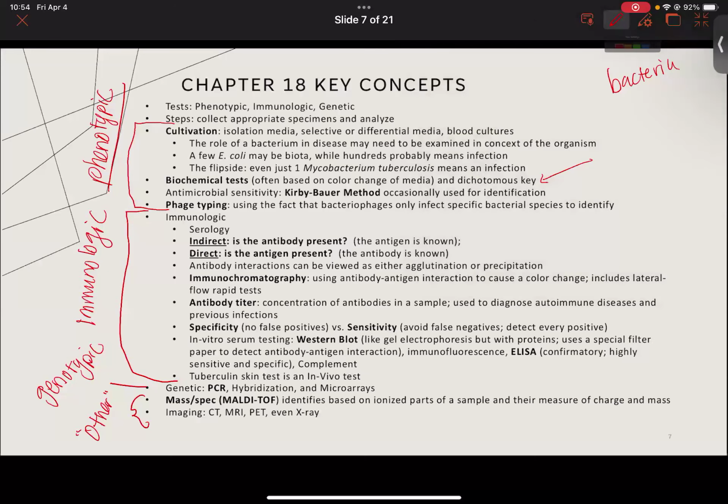There we go. Okay. So you have your bacteria and you are either gram positive or gram negative. Based on if you're gram positive, we might be able to look at if you are a cocci or a bacilli.